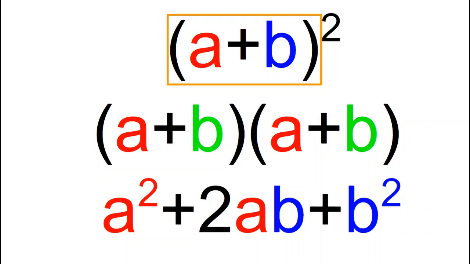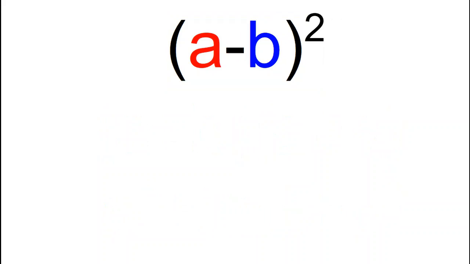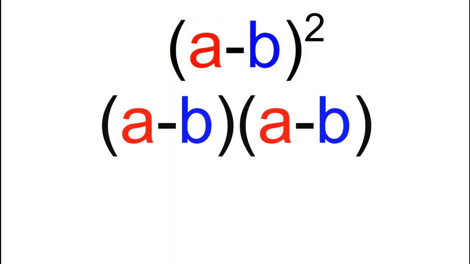Now let's take a look at (a − b)². It's the exact same process as before. We're doing (a − b)(a − b). So we're multiplying the base, our binomial, by itself 2 times because our exponent is a 2.